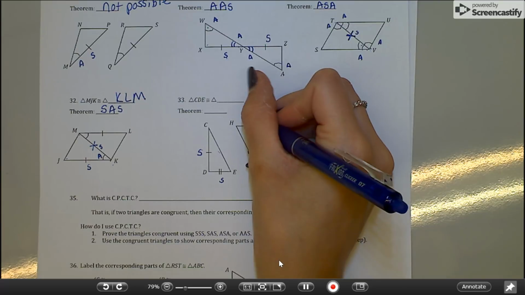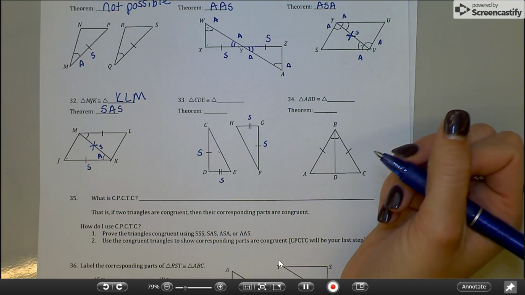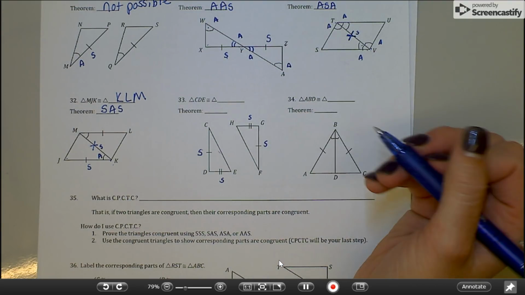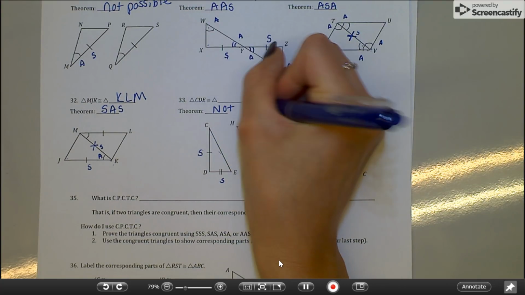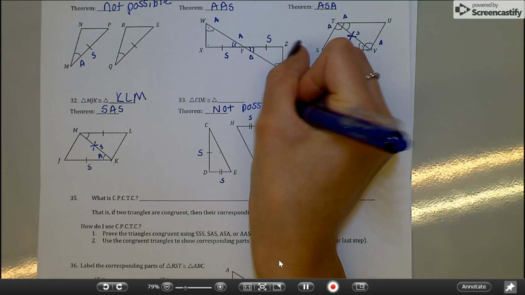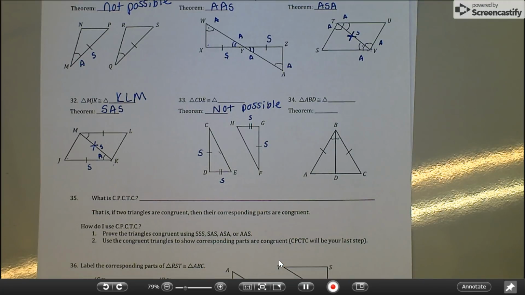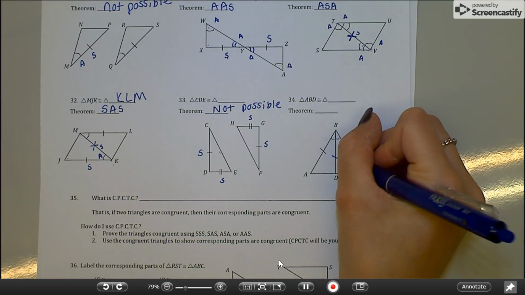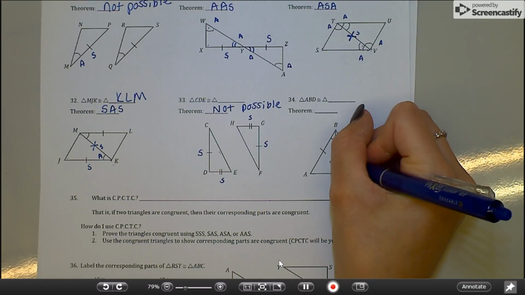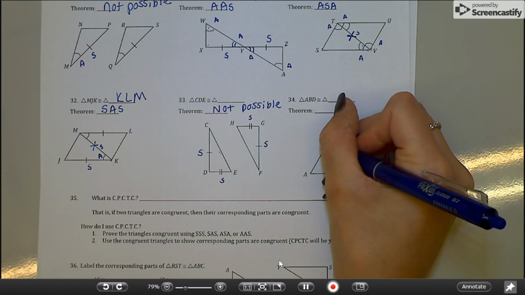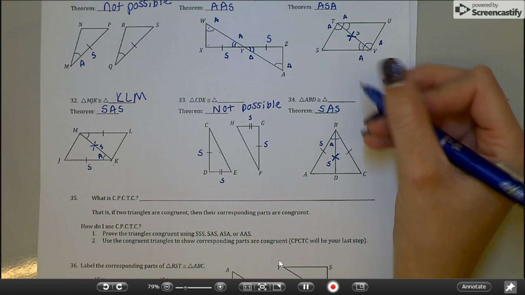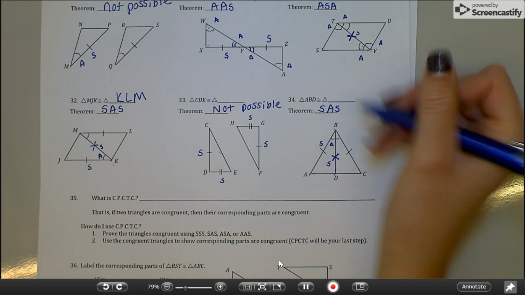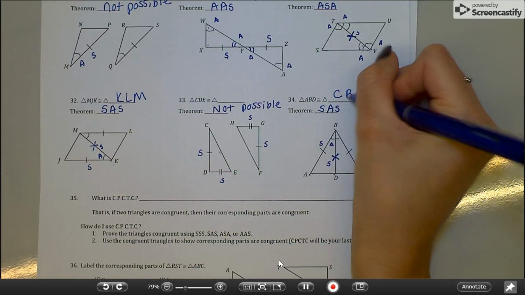These two appear to be congruent, but since we don't have another piece, we don't have a right angle congruent, we don't have any other sides congruent, this one is not possible. And then 34, again, another shared side. So we have side, angle, side, consecutive in a row, so SAS. And ABD, A, then B, then D, would go with CBD.